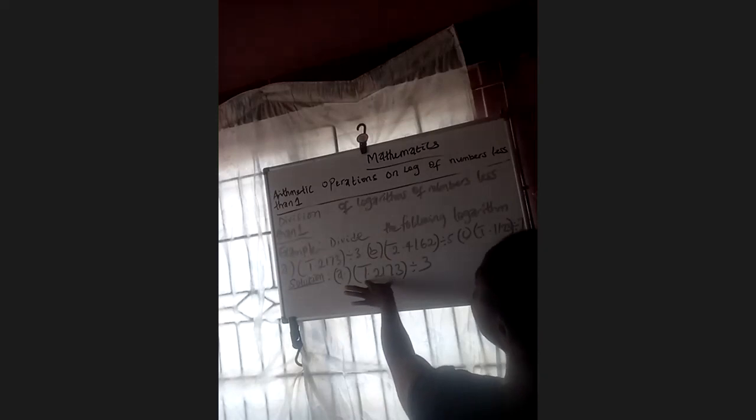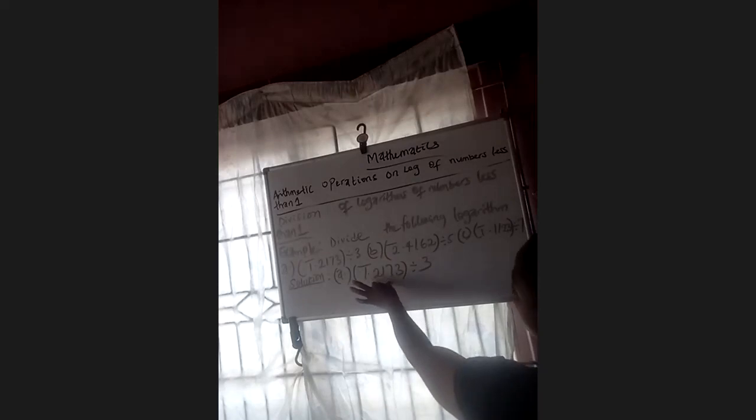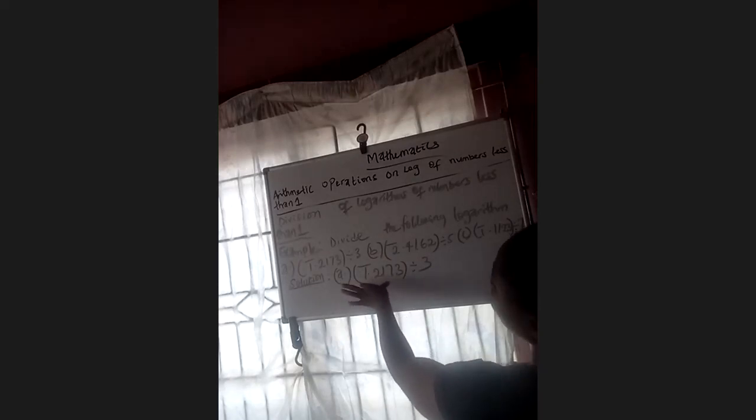So what do we do? The first thing to do is you have to break down the number you are dividing. You are dividing by 3, and bar 1.2173 is the number to be divided. So we have to break it down.